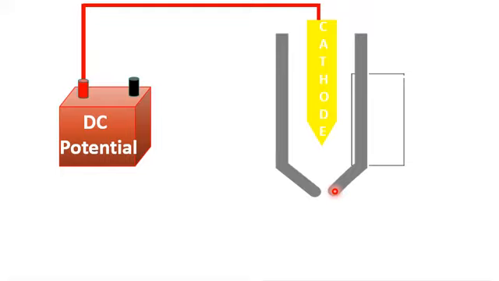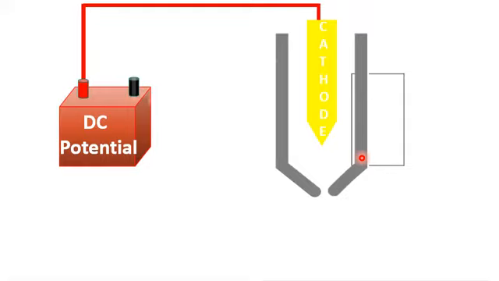The plasma arc igniter consists of a cathode which is connected to the negative terminal of the direct current potential source, and the cathode is surrounded, with a little bit of space, by the plasma arc igniter nozzle.